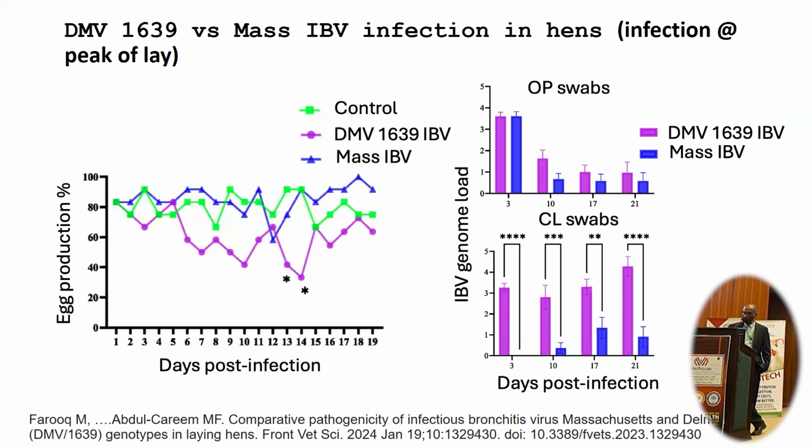And we saw that, compared to the Mass, DMV 1639 decreased the egg production significantly. And also you can see that the viral shedding is higher in the DMV 1639, particularly through the cloacal route.